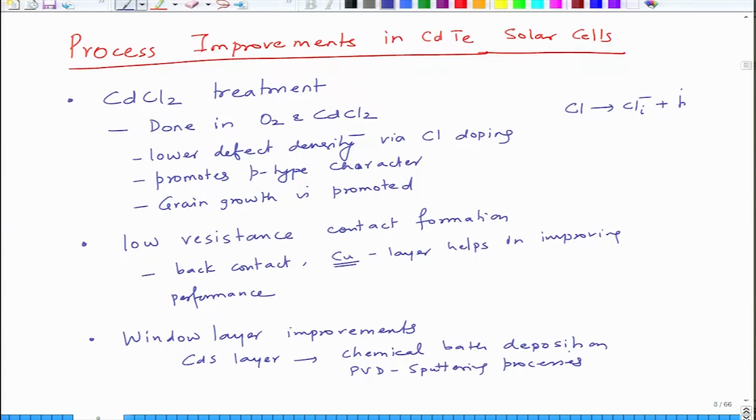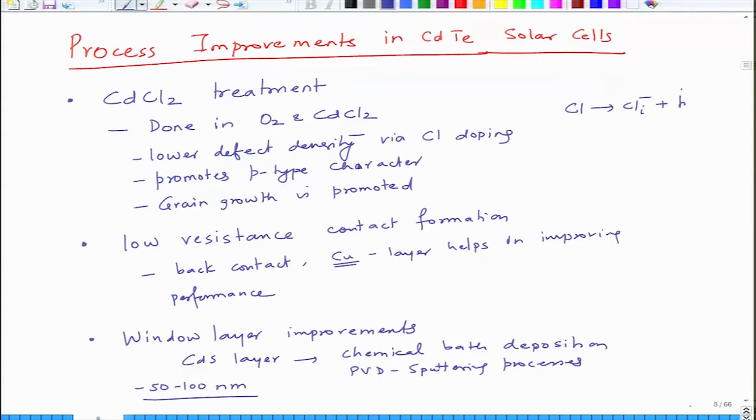So basically it should be as thin as possible. It's about 50 to 100 nanometer thin, so that it doesn't lead to any losses, and it allows most of the light to reach cadmium telluride as an absorber to absorb most of the light. So it doesn't block any light. So it's basically a window, it should not act as a blocker.